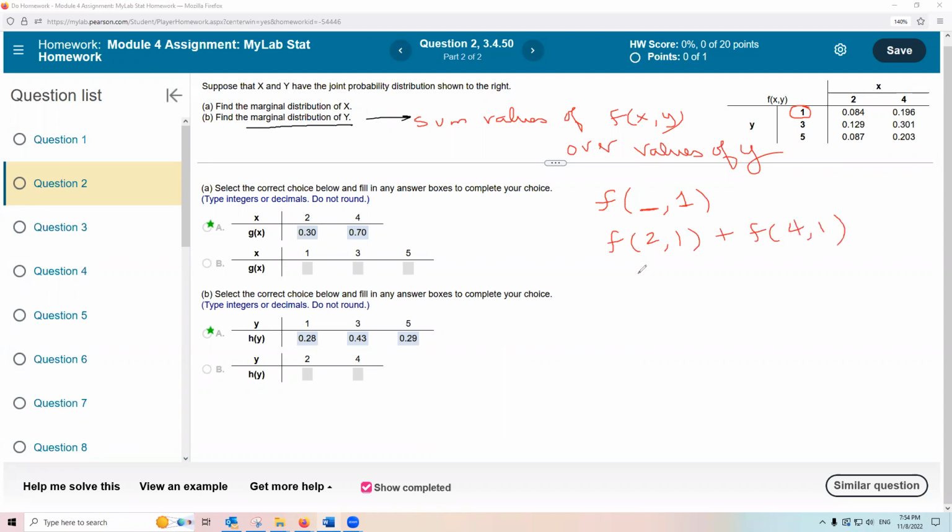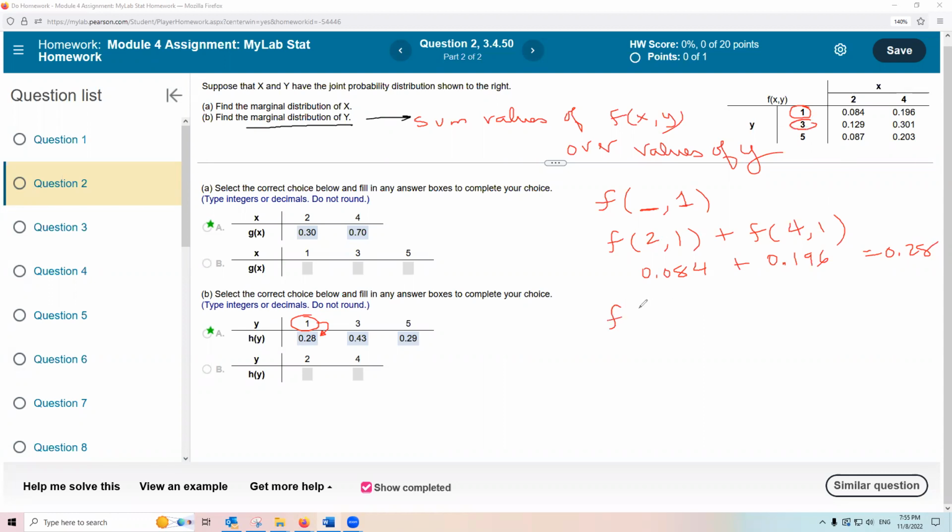Well, I'll get these out of the table. f of 2, 1 is 0.084, and this is 0.196. And if I add these together, it adds up to 0.28. So when y takes on the value 1, we're getting the result 0.28. We go to the next row. Now y is 3.